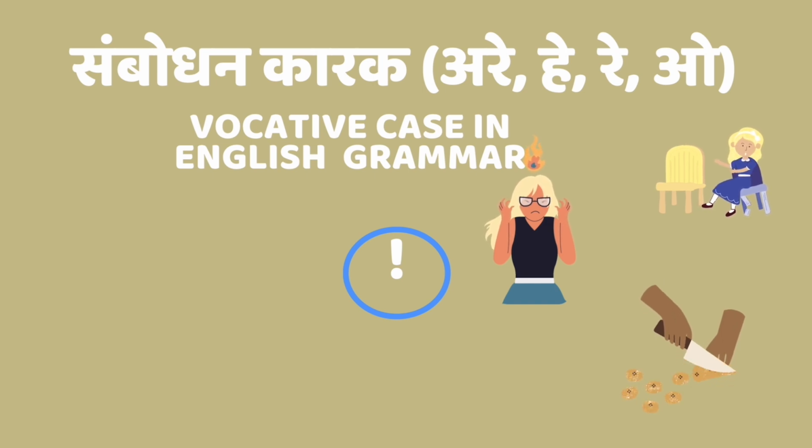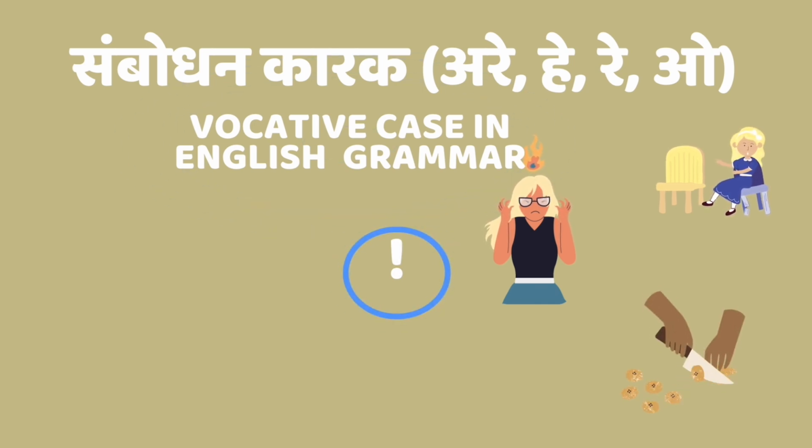It is also known as sambodhan chin. Sambodhan-karak is used to directly address a person, animal, or object within the sentence. It signifies speaking to them by using their name or title.